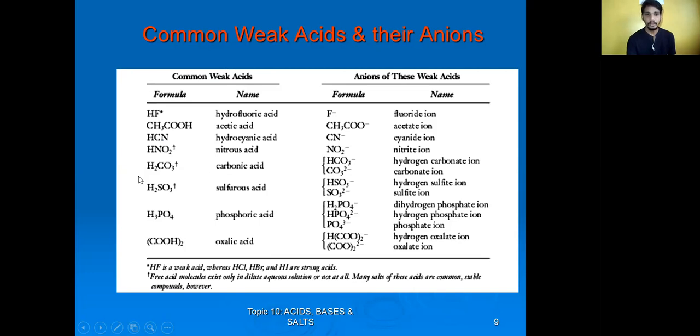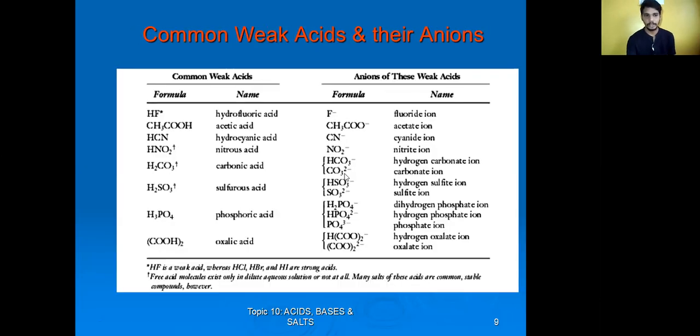See, in the last case we learned about sulfuric acid. Now we are going to learn about H2CO3, that is carbonic acid. It can donate its hydrogen twice or only one hydrogen. If it loses one hydrogen, it's called hydrogen carbonate ion. If it loses all the hydrogen, it's called carbonate ion.